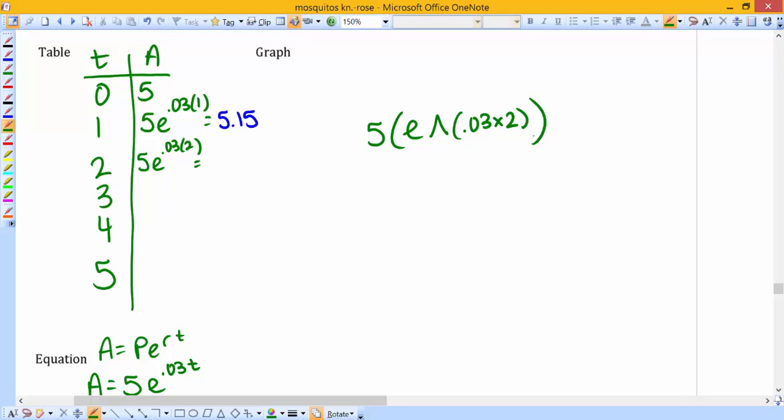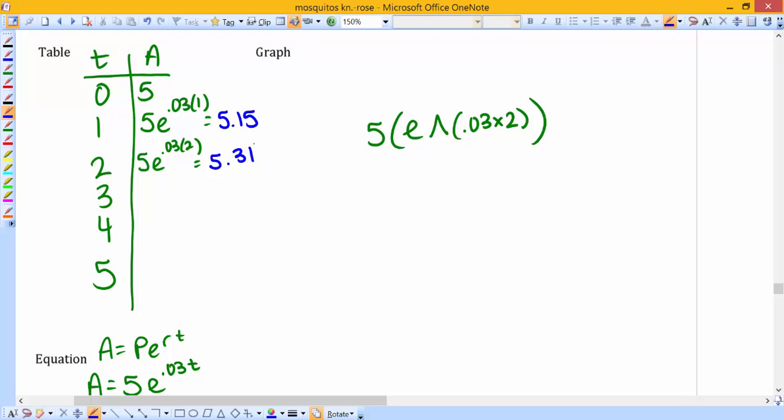So 5 parentheses e, 0.03. So I'm using parentheses again. 0.03 times 2, or just go with 0.06. It's easier. And I get 5.301. So I'm going to just go 5.31 because it's 0.9. 5.31.